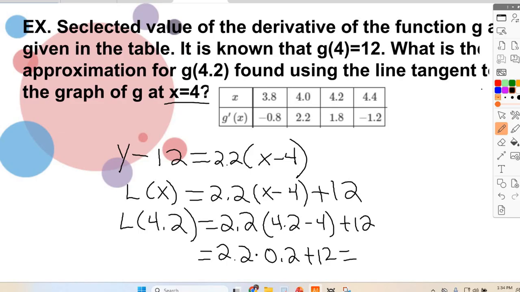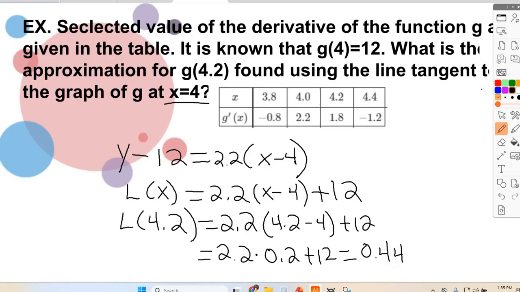It's 0.44, but it's like a smaller decimal, so it would be like a fraction, and it's in the tenths spot. So it's going to move our decimal over one from our original number. And then you can just do your 2 times your 2, which is 0.44, so we get 0.44.